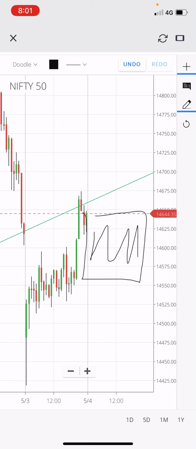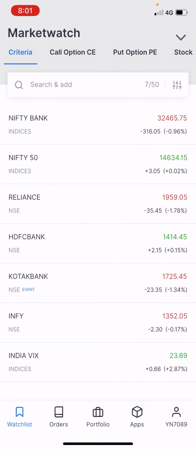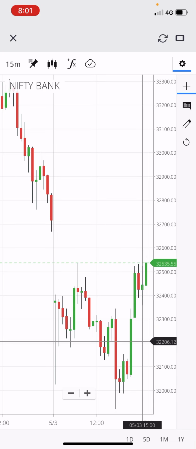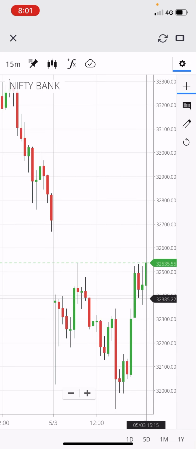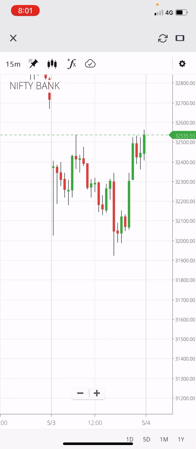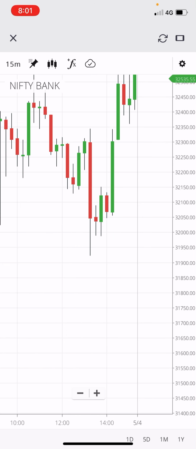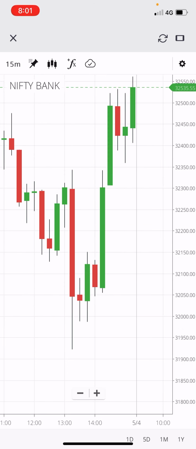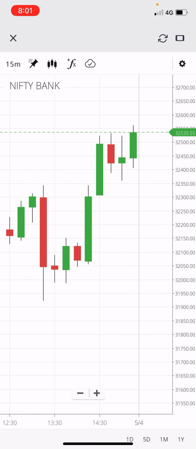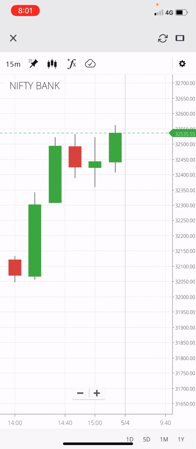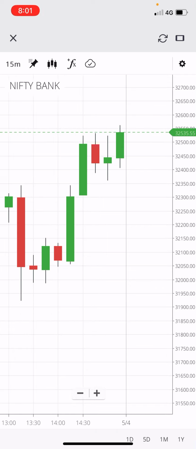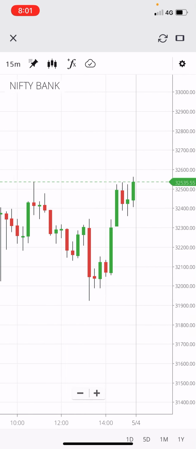So anyway guys, let's get back to the Nifty Bank. On Nifty Bank, I can see that the market had consolidated in the last 30 minutes before the market close.